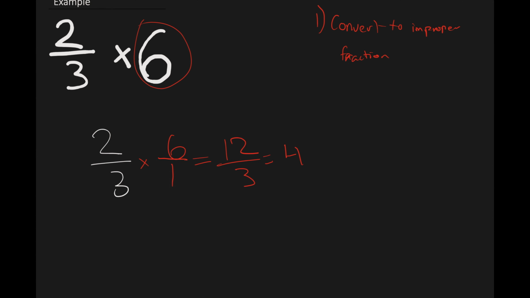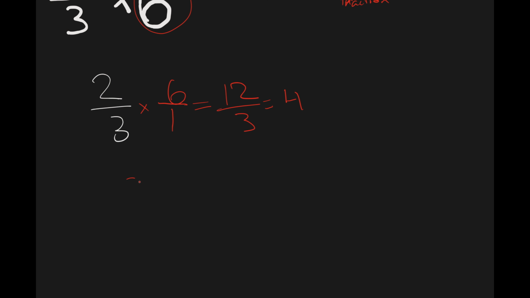And the other way you could do this is you have 2/3 times 6. Sorry, that was a very bad 6. Let me retry that. 2/3 times 6, what you do, 2 times 6 is 12. You just carry the denominator there.